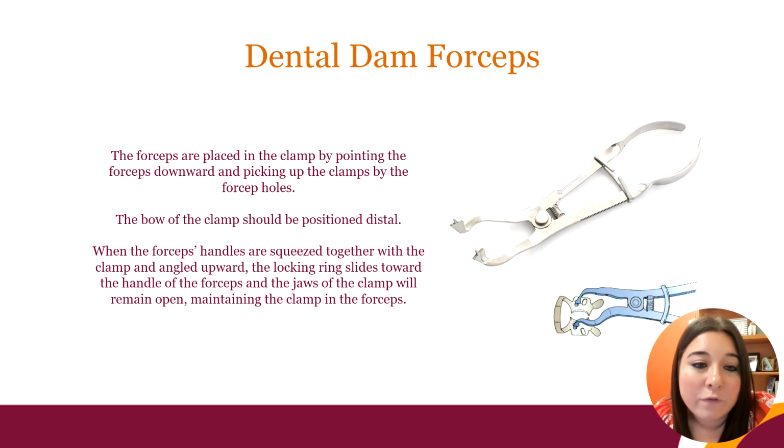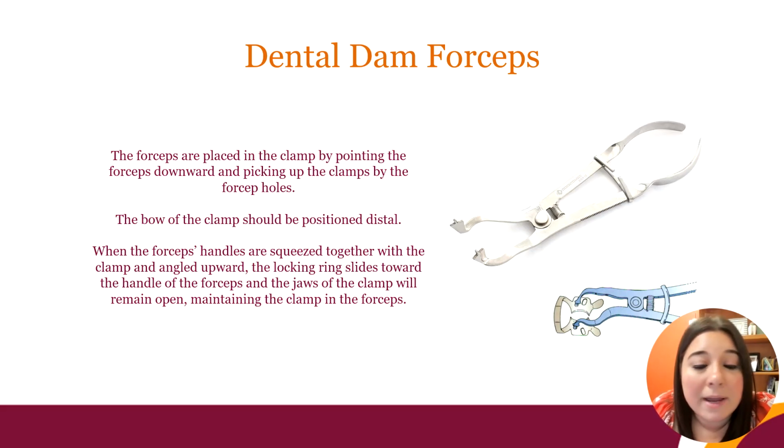Then we have the dental dam forceps. This is what goes into the little holes of the clamp in order to widen it a little to get over the tooth. The bow of the clamp should be positioned distally if possible. If it's the very last tooth in the arch, it may be hard to position distally, but ideally that rounded bow portion is always to the back of the mouth.